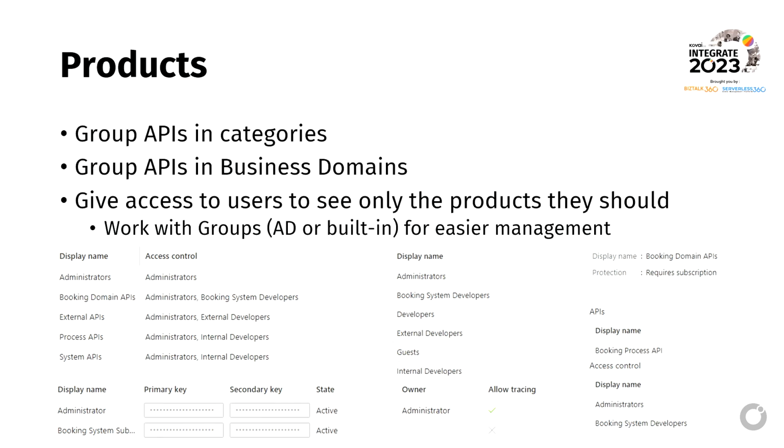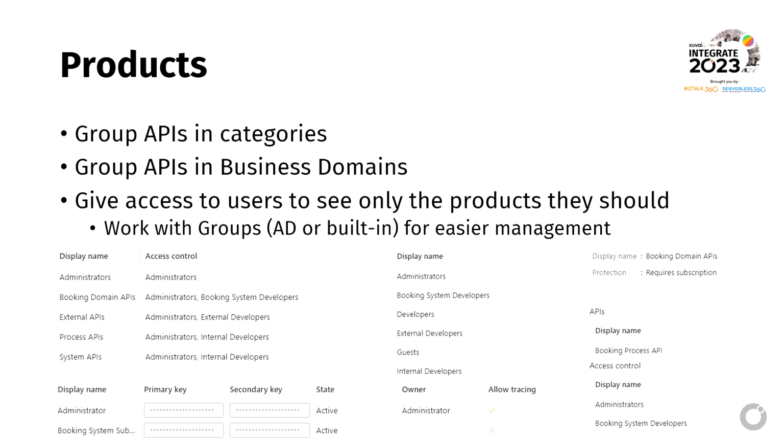Products is about how you group those APIs. I have system APIs, process APIs, and client APIs. How am I going to expose that? I can say internal developers are going to have access to those APIs, and external developers are going to have access to those other APIs. Or I can have domain-related APIs.